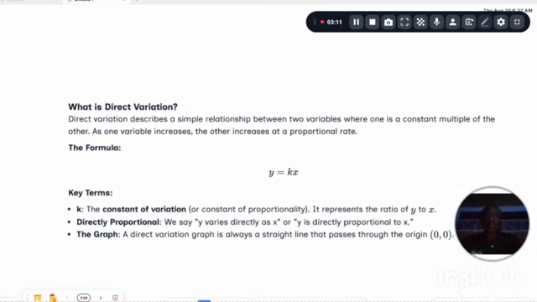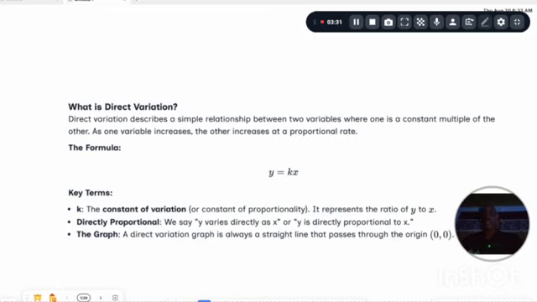The topic we are looking at is direct variation, and we'll be looking at all the necessary aspects we have to understand as far as direct variation is concerned. Direct variation is a subtopic under variation.